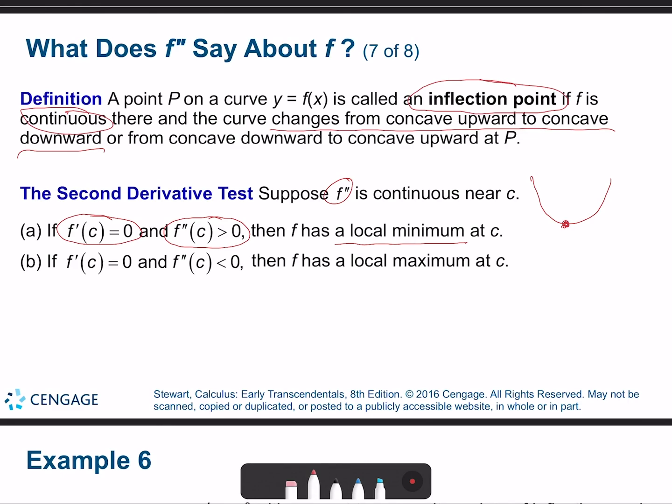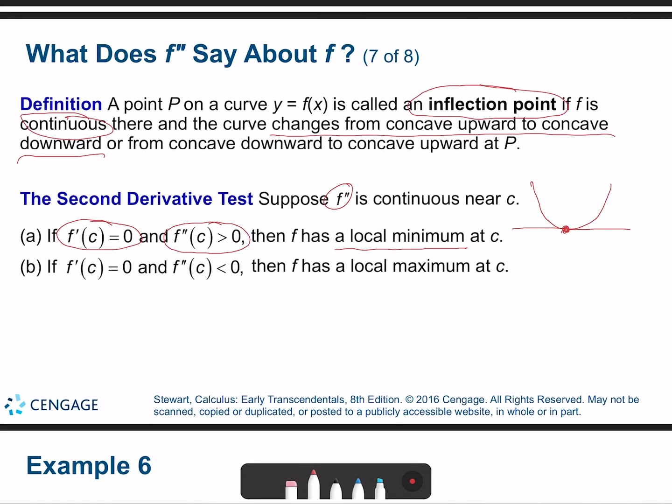This point, right here: first derivative equals 0, horizontal tangent line. Second derivative is greater than 0, which means concave up at that point. And then similarly, we could be looking at another point, except it would be concave down if the second derivative were less than 0.